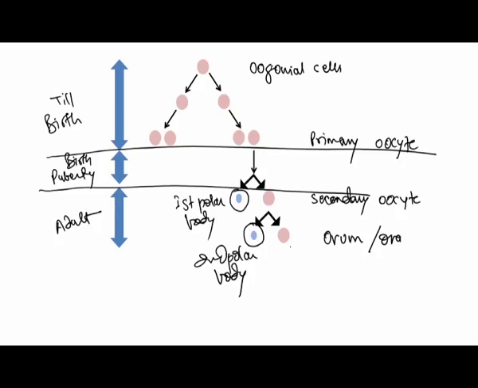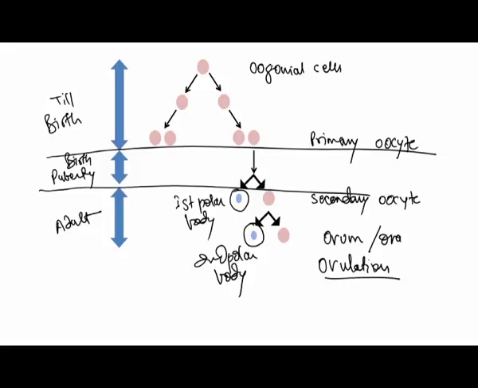Before the ova comes out in the female reproductive tract, the process is called ovulation, which is the process of getting the ova out from the mature follicle.